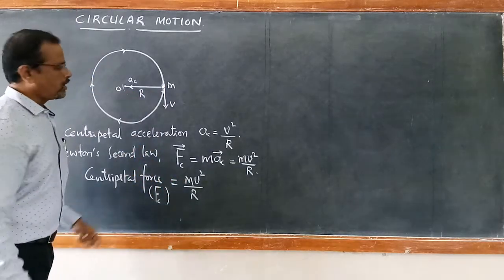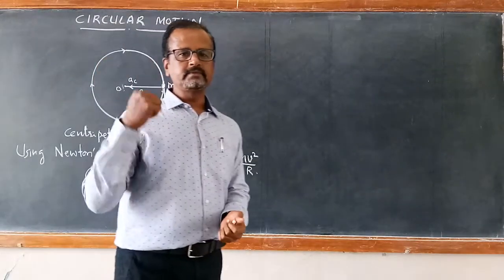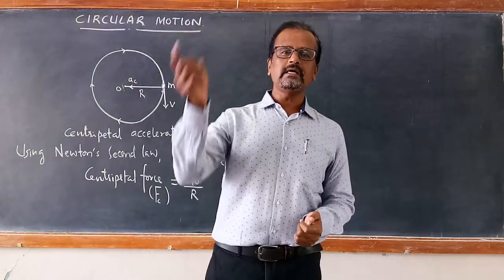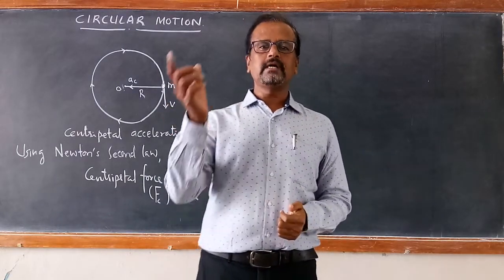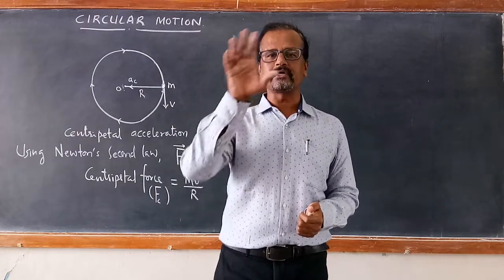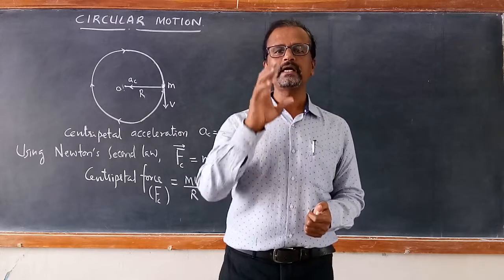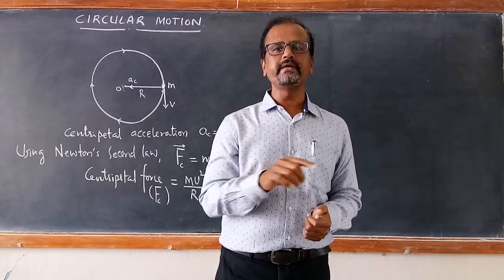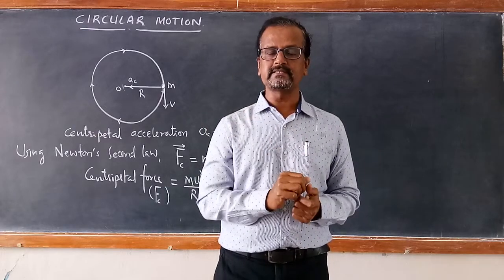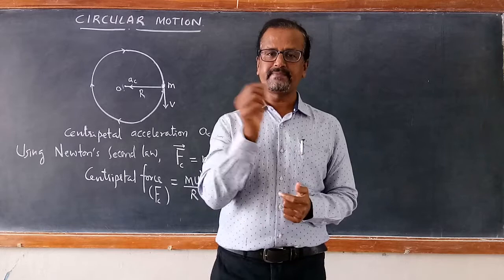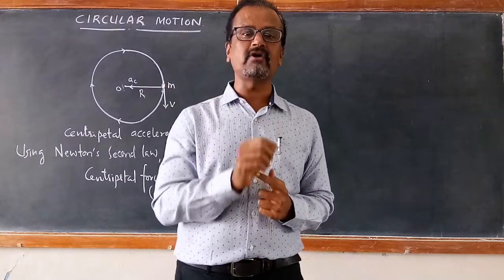Now you compare this concept with the Earth revolving around the Sun. Think that the Earth revolves around the Sun in a circular orbit, with constant speed. So the Earth must be provided with centripetal force, and that centripetal force must be acting towards the center of the orbit.